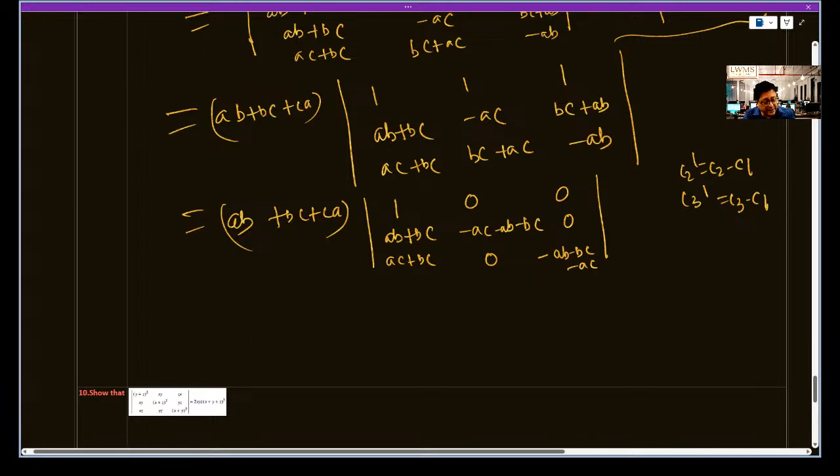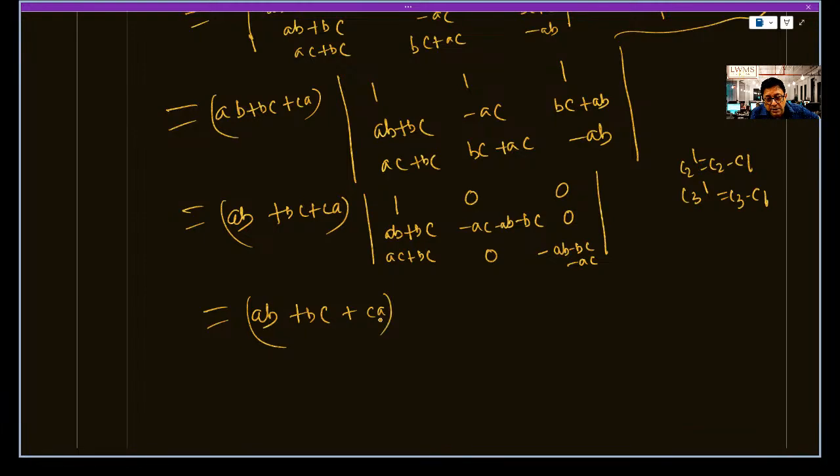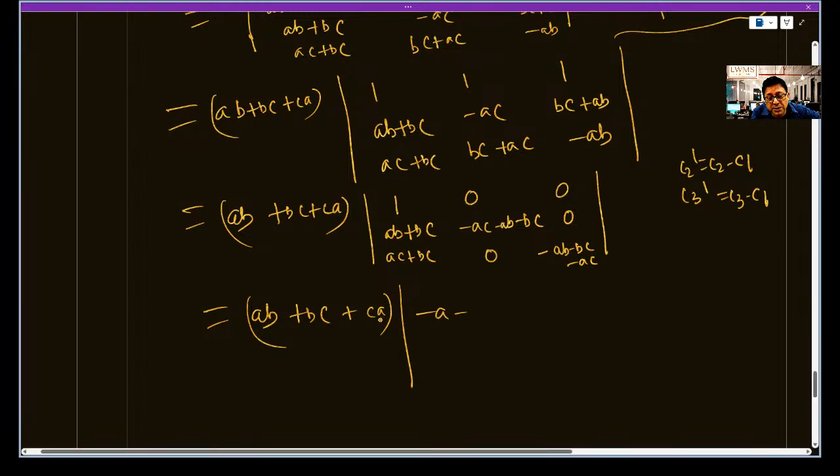Expand in terms of any row, any column. What is remaining over there? Check. Take AB plus BC plus CA and then expand. This, if you expand, it will be what? 1 into this small determinant. 0.